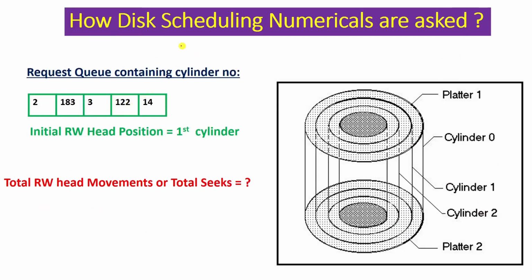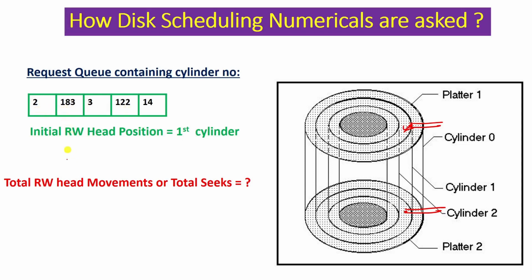So lastly, how will disk scheduling numericals be asked? It is simple. A request queue will be given having various cylinder numbers, and you will be told the current or initial position of the read write head. Let's say you are told that the read write head is currently on the first cylinder. And you want to complete the requests placed on these different cylinders.